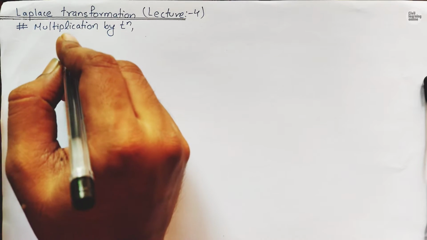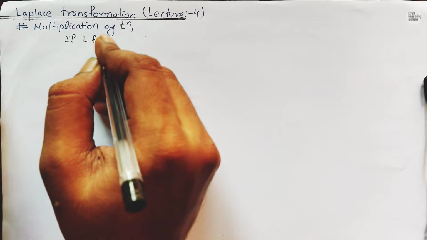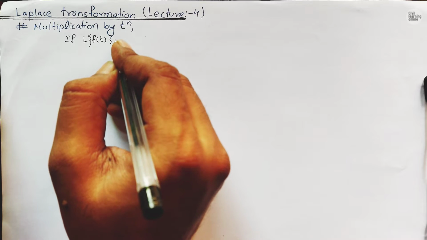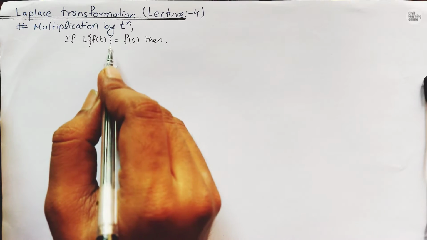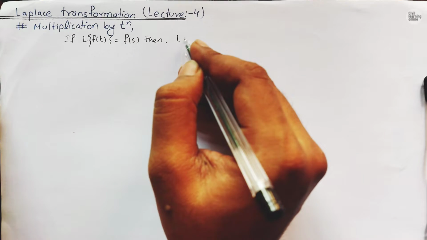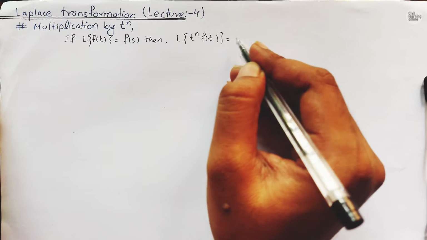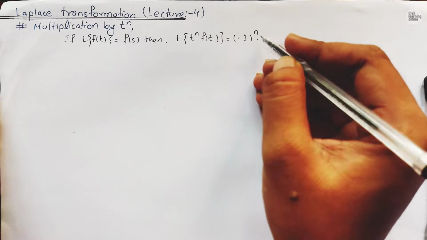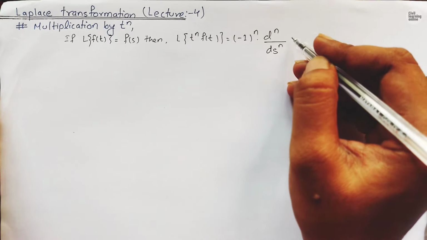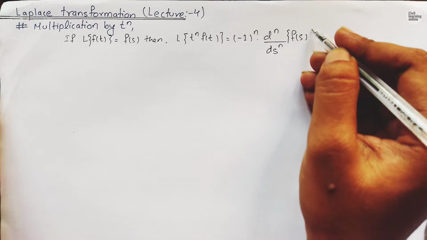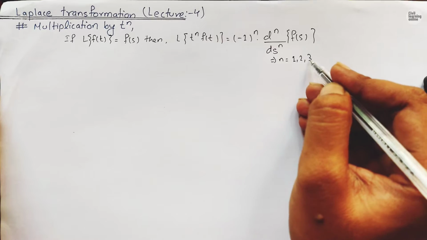That is, if the Laplace transformation of a function f(t) equals F(s), then the Laplace transformation of t to the power n times f(t) will be equal to minus 1 to the power n times the nth derivative d^n/ds^n of F(s). Let me show you, where n equals 1, 2, 3, 4.